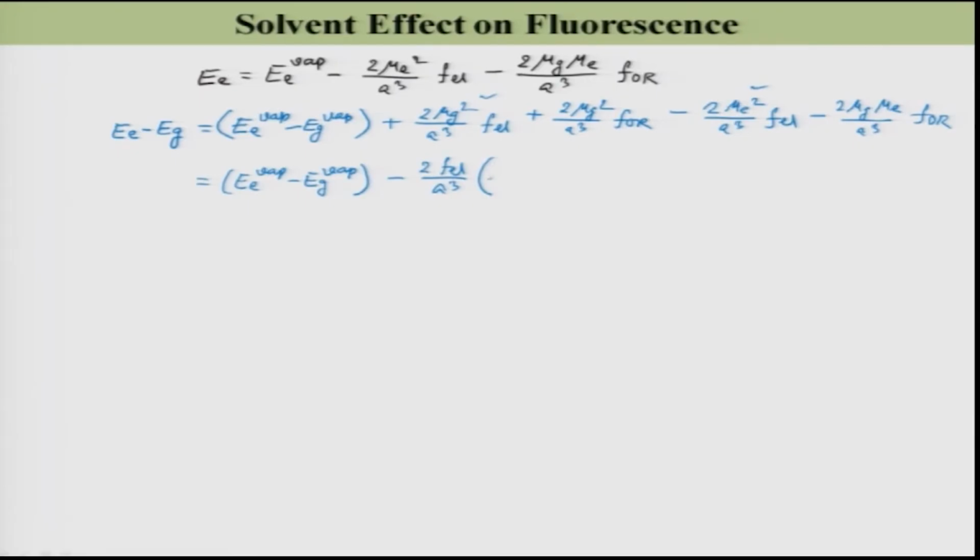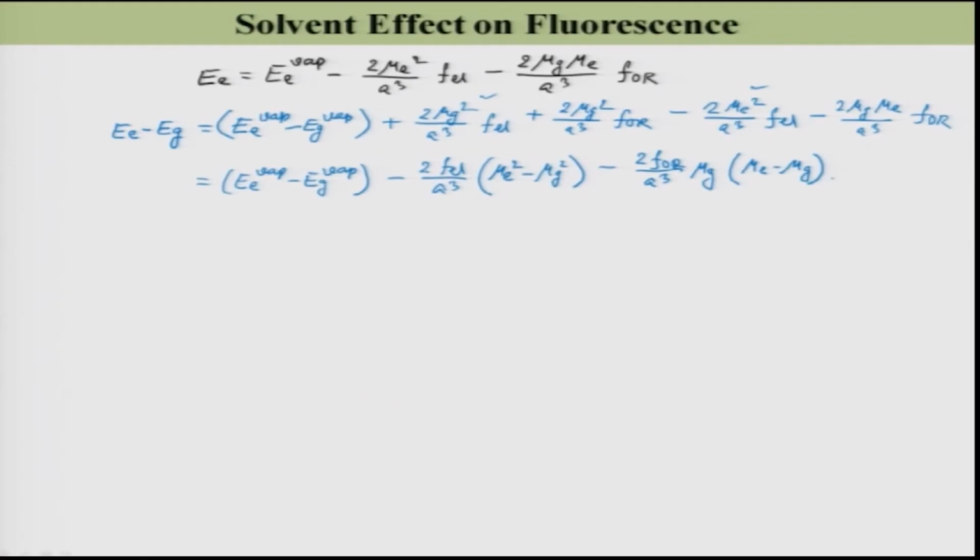And then I will also take minus 2 f_OR by a cube mu G out, then this is going to be equal to mu E minus mu G, right.